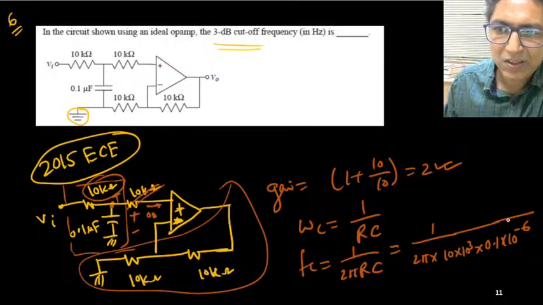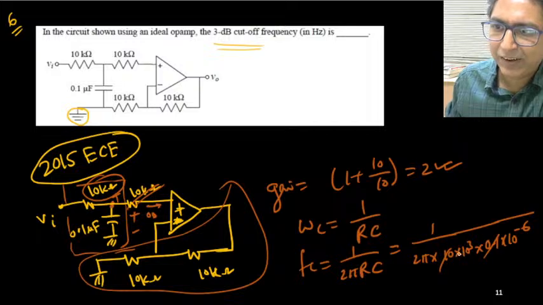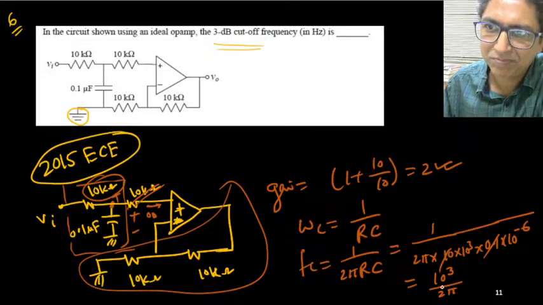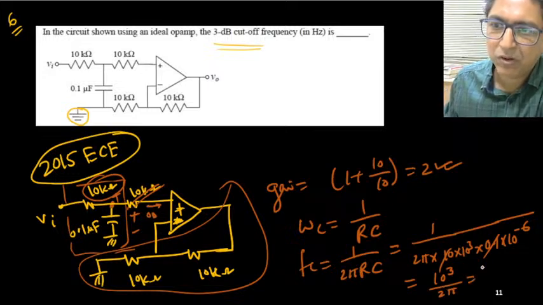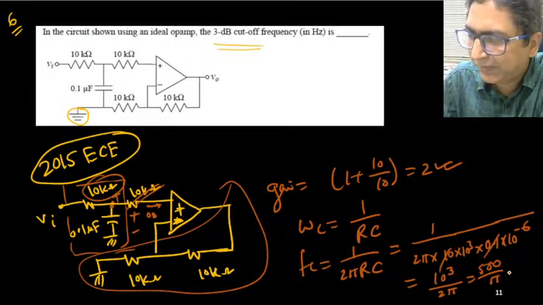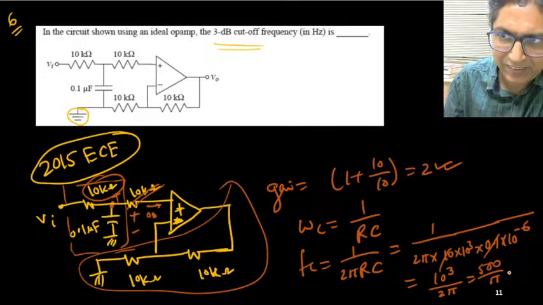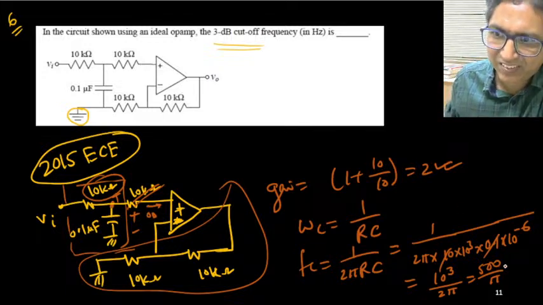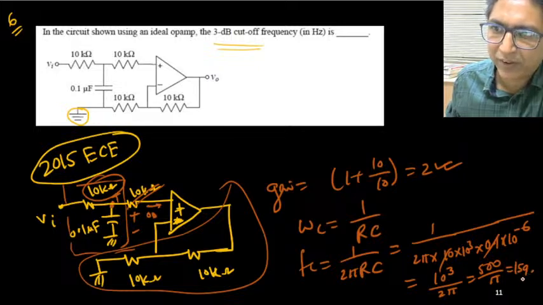The 10 and 0.1 cancel, leaving 10 to the power 3 by 2 pi. So this is about 500 by pi. Am I correct? The value will be around 160, exactly I think 159.15.